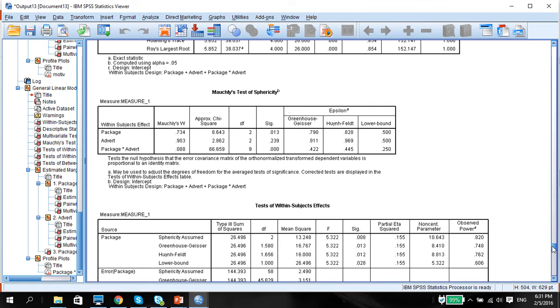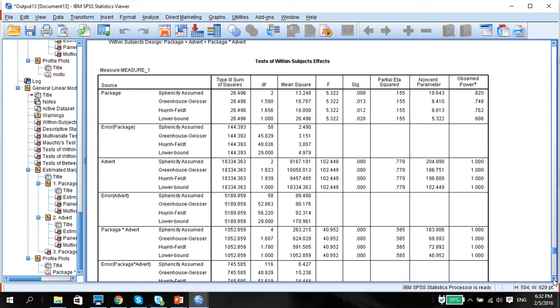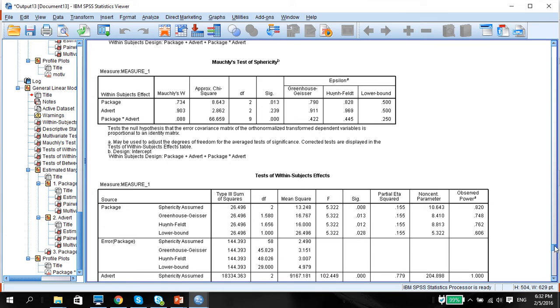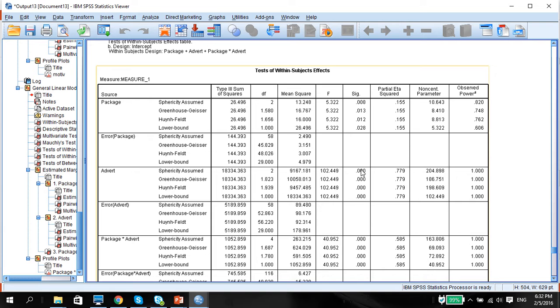If you look at Mauchly's, only package and the interaction violate the test of sphericity, but AdWord does not. That means for those it's not assumed the variances are equal. So hence, we use Huynh-Feldt for package and for the interaction, but for AdWord we use sphericity assumed.